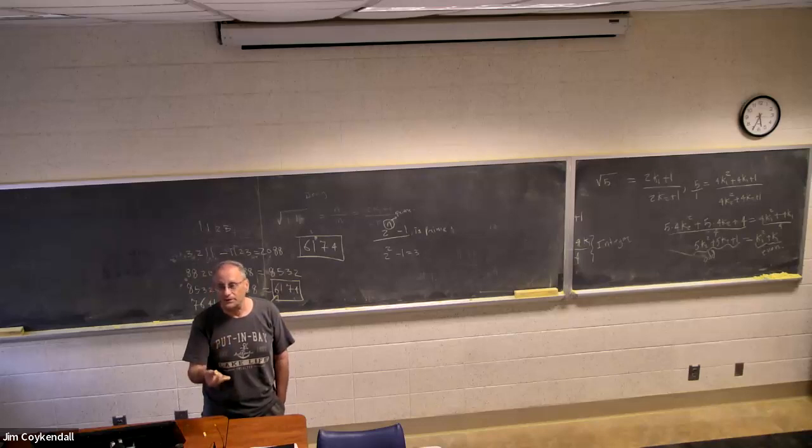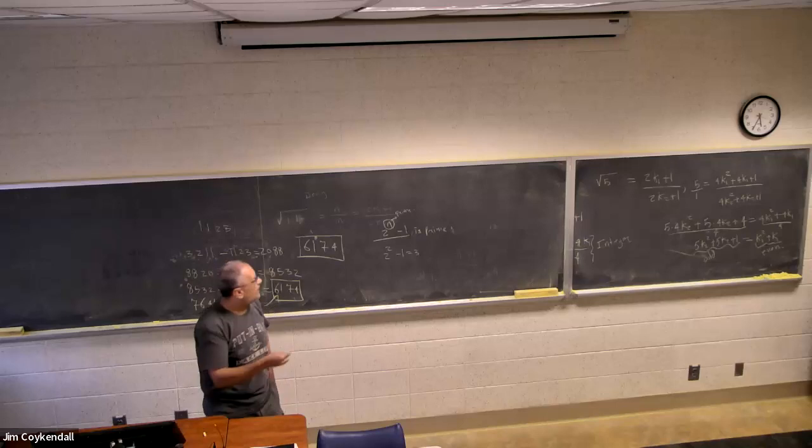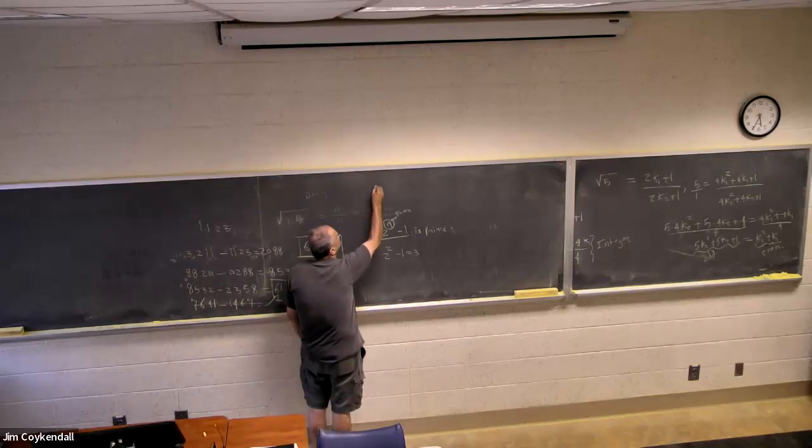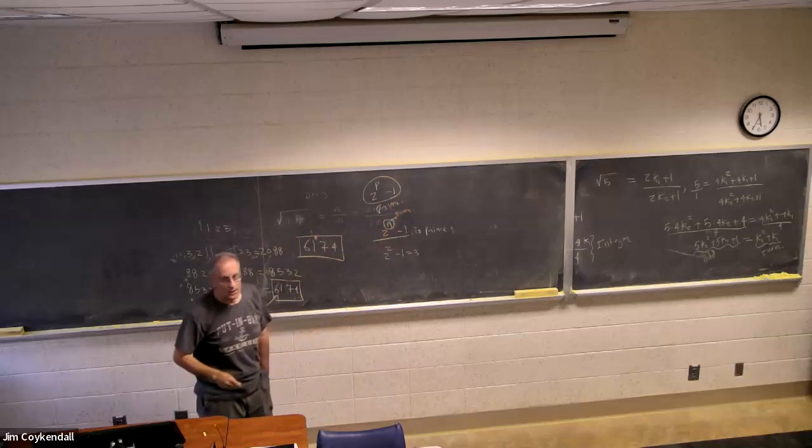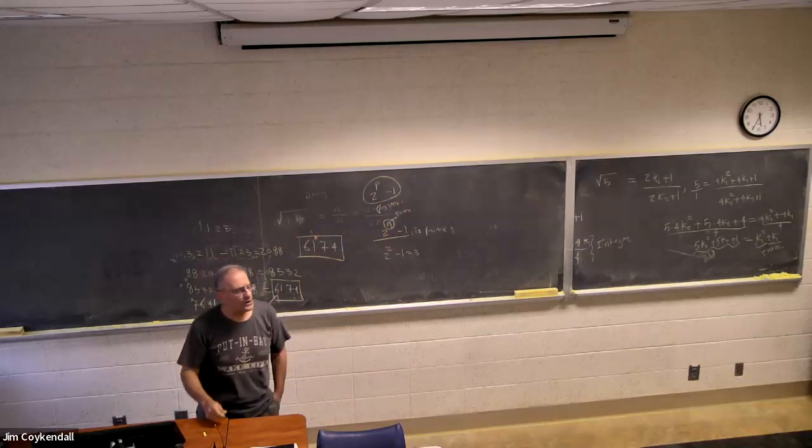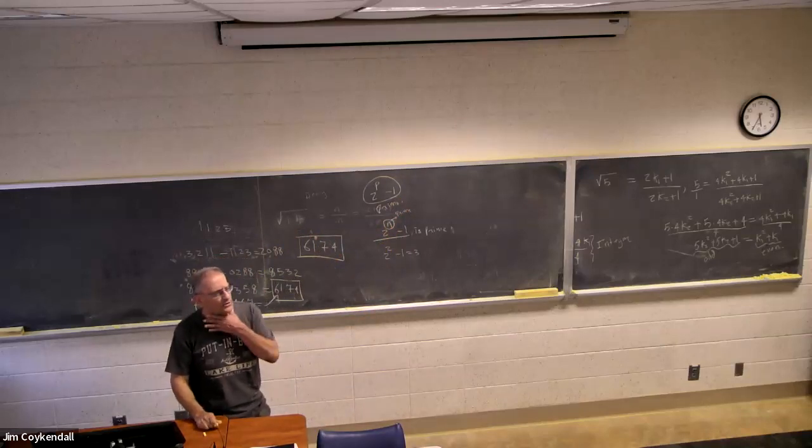A Mersenne prime has to be 2 to a prime minus 1, and that should be prime. But 2 to the 23 minus 1 is not prime.